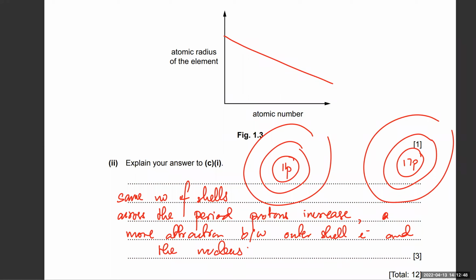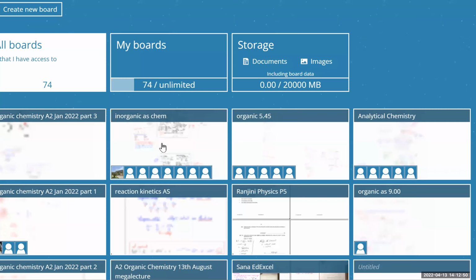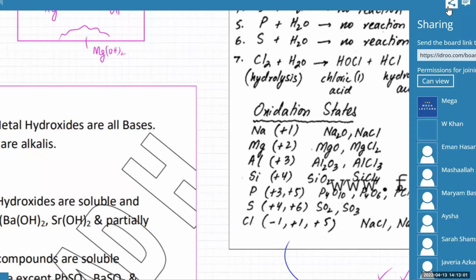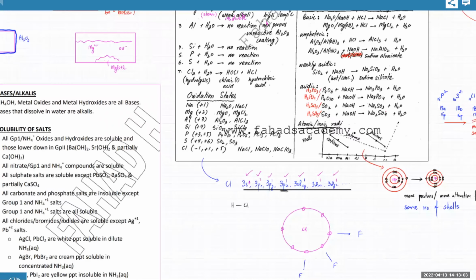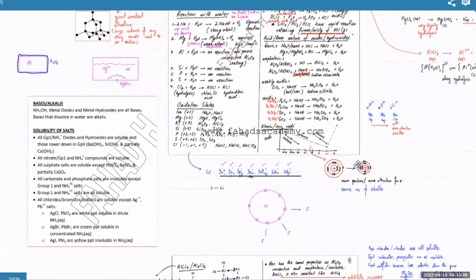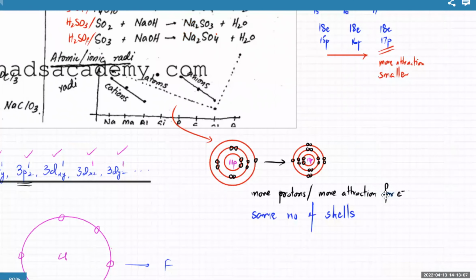Okay, that's about across the period. Inorganic chemistry everything is explained in a lot more detail. I've shared all of these. This is the atomic radius part. You've got the same number of shells, more protons, more attraction for electrons.